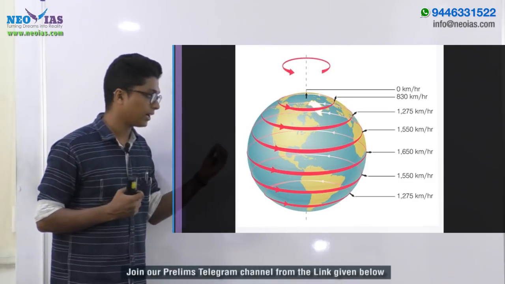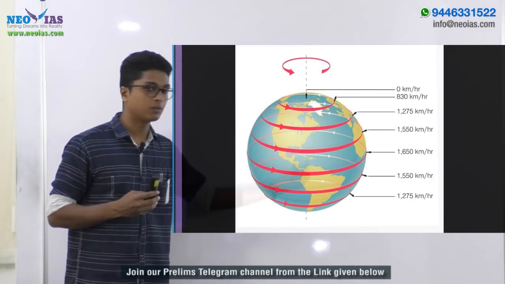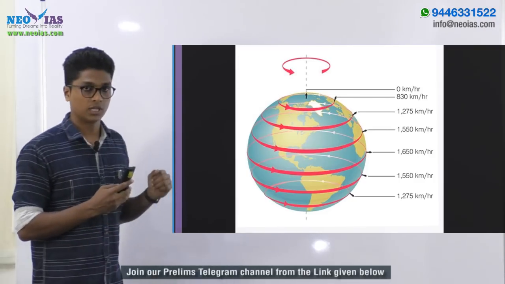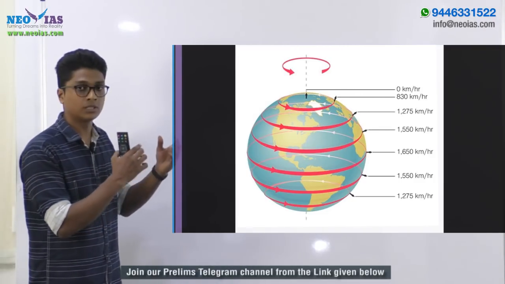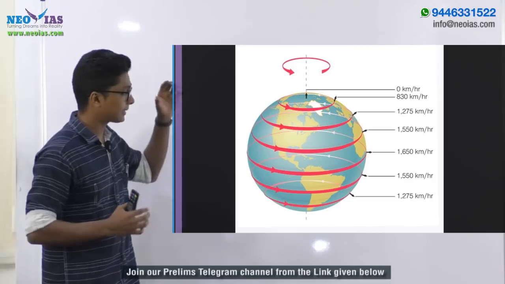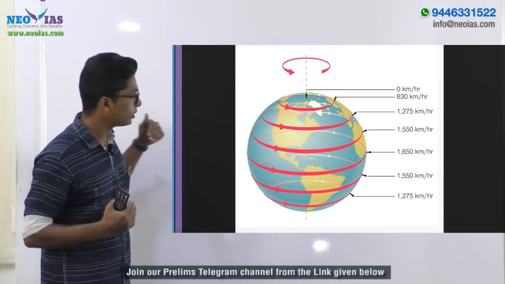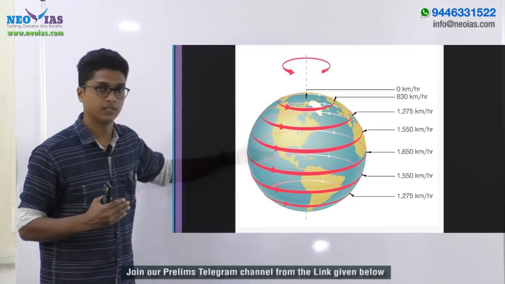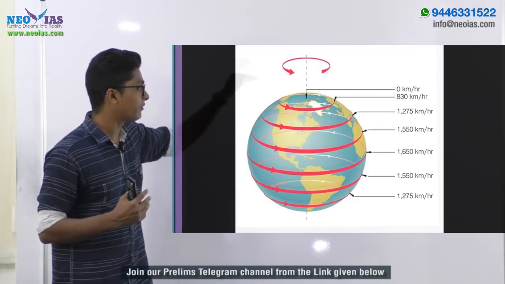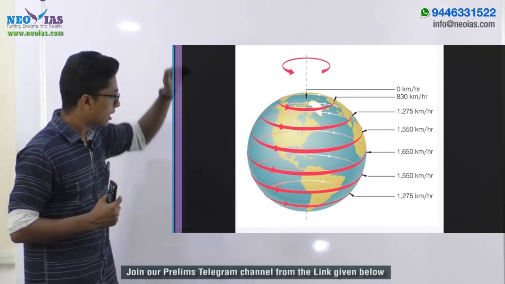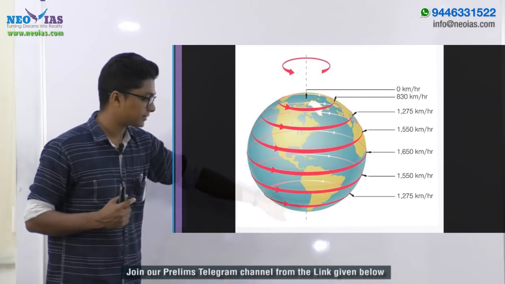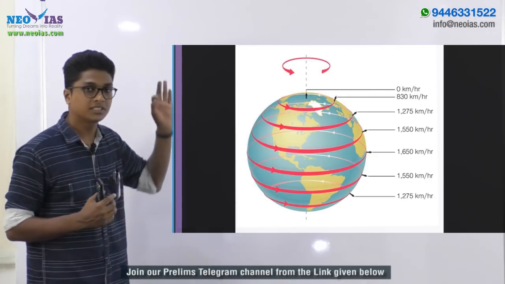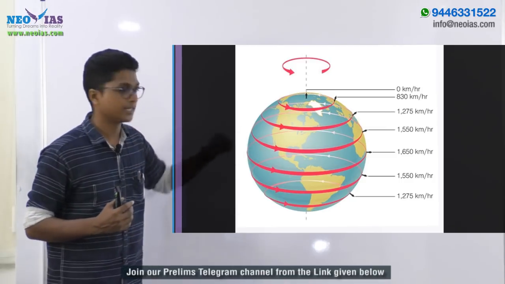So the rotational effect of the earth is more felt over the equator than other latitudes. I don't mean to say that the earth is rotating separately; all the latitudes are rotating together, but the rotational effect felt over the surface is different if you are considering different latitudes. Like at the North Pole as well as the South Pole, the rotation is 0. And at the equator, it is maximum.